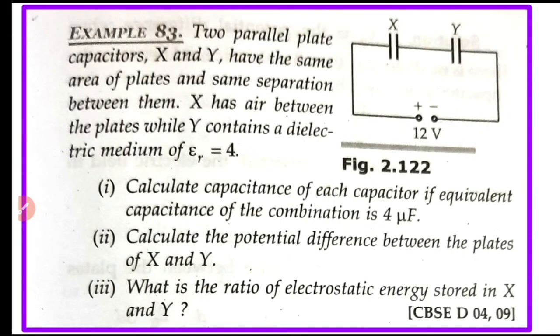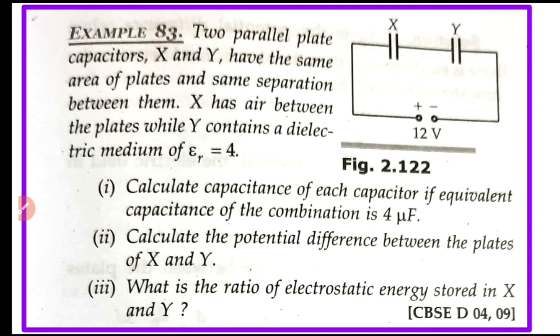Now this question. Two parallel plate capacitors X and Y have the same area of plates and same separation between them. X has air between the plates while Y contains a dielectric medium of epsilon R equal to 4.